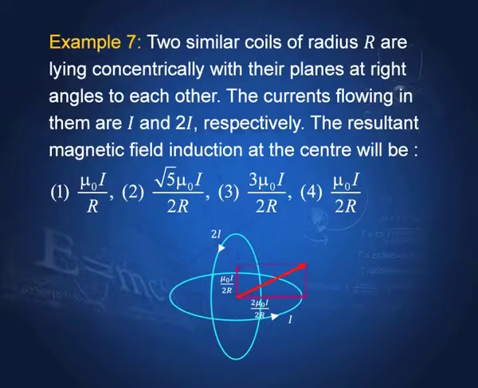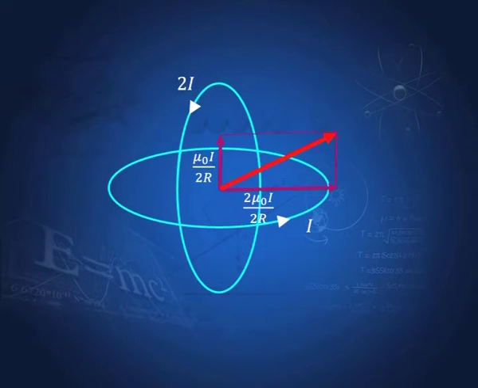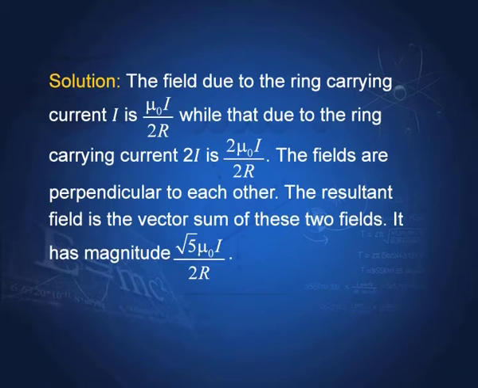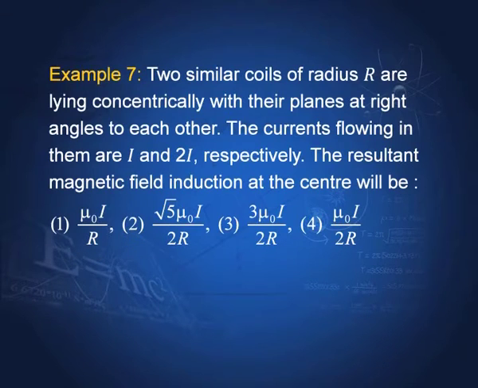So, if this is the plane of the coil, the magnetic field is perpendicular and its magnitude is 2 mu 0 I by 2r, and in the horizontal coil the current is I, and therefore the magnetic field produced in this direction is mu 0 I by 2r. So, now we have two vectors, mu 0 I by 2r and 2 mu 0 I by 2r, and we can find the resultant magnetic field, which is root 5 mu 0 I by 2r.